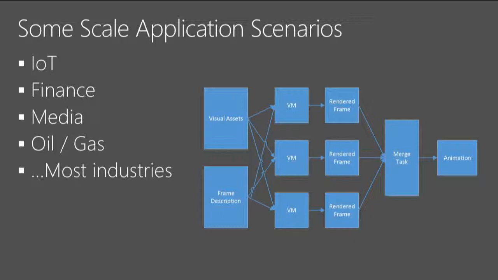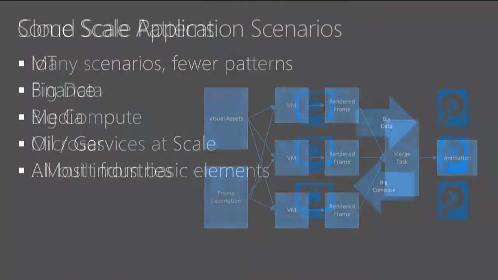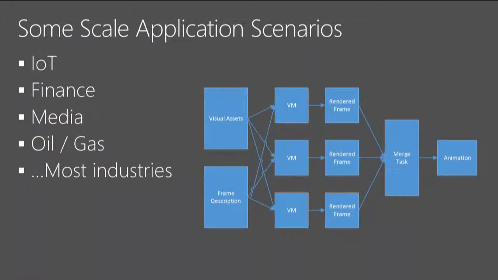We're even seeing some transcoding done for live streaming. Oil and gas, they end up doing reservoir analysis when they see a new oil field, simulate oil well placement to see how they get the most out of the smallest investment. Realistically, almost every vertical we've come to has some use for computing at scale.